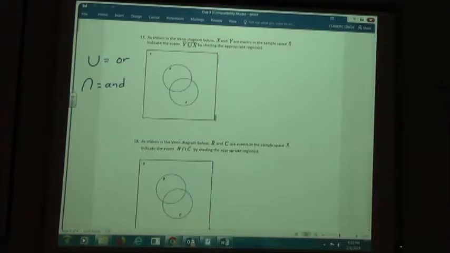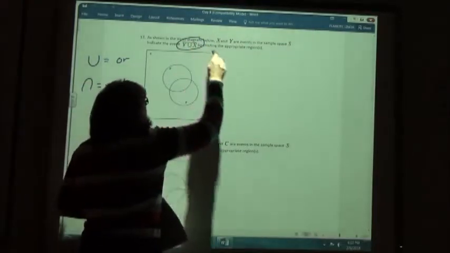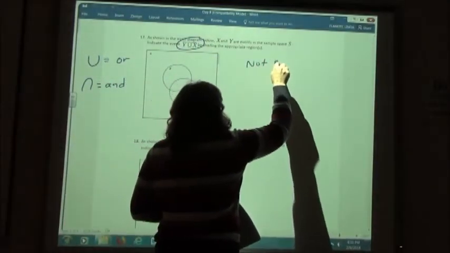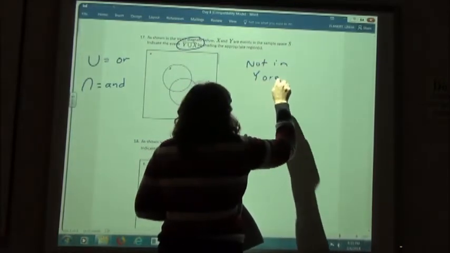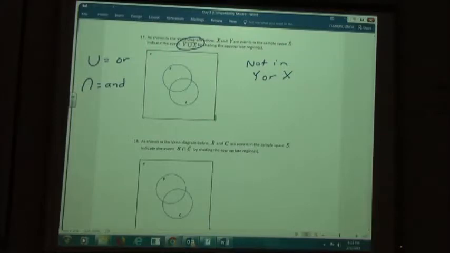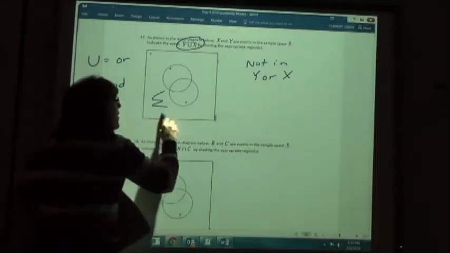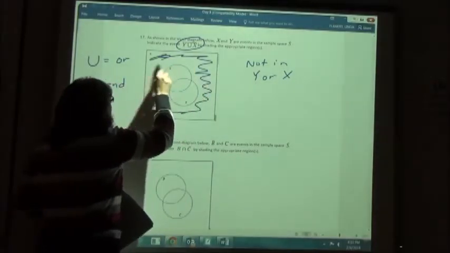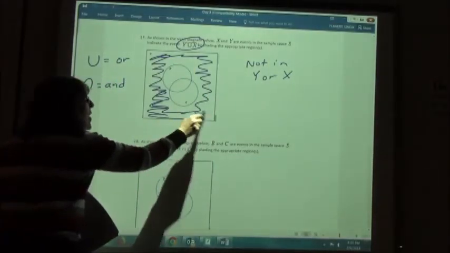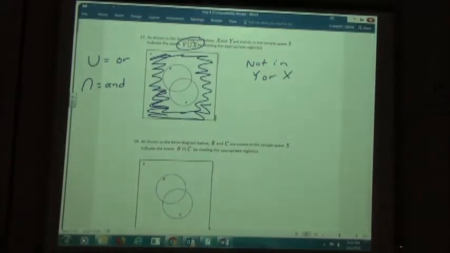So this means that it's not in Y or X. The bar over the top means not, and then it's over the Y or the X. So if it's not in Y or X, where would I shade? Just the outside, right? I don't want either of my circles shaded anywhere. I'm on the outside of Y and X. So anything that's not in Y or X.